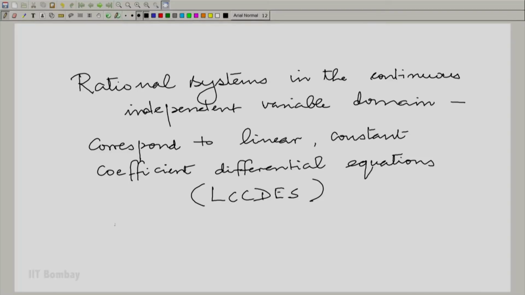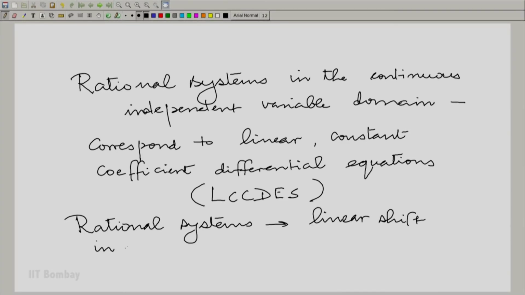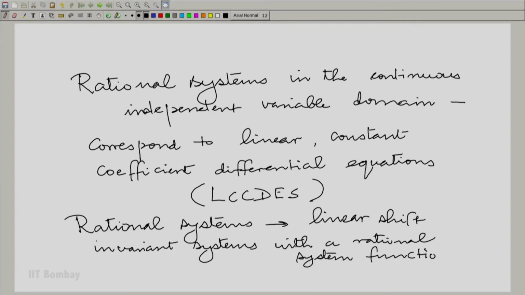So, rational systems are linear shift invariant systems with a rational system function. There are 2 or 3 things that need to be emphasized here. The moment you say rational system, you automatically mean it is linear and shift invariant, and you automatically mean that its impulse response has a Laplace transform. Let us make that very clear, let us write that down.